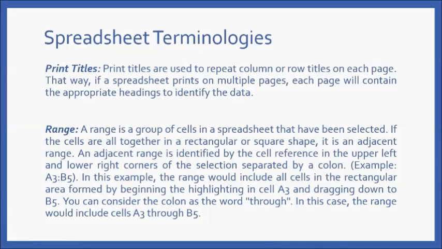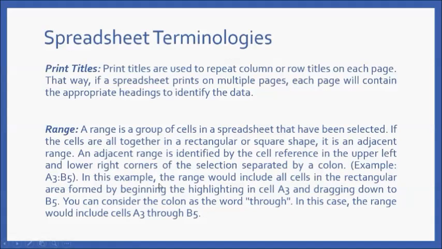If the cells are all together in a rectangular or square shape, it is an adjacent range. An adjacent range is identified by the cell reference in the upper left and lower right corners of the selection separated by a colon. So for example, we have A3:B5.